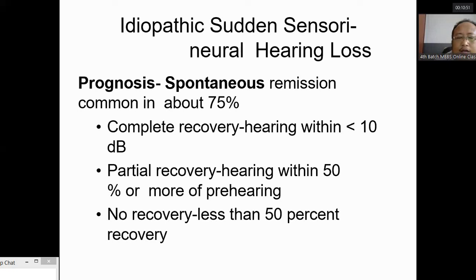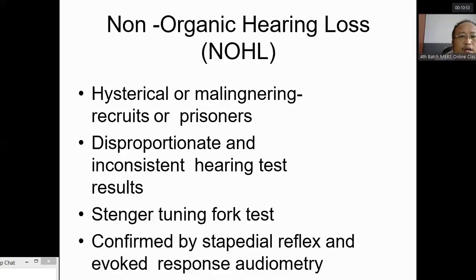And another cause of sensory hearing loss is non-organic hearing loss. Non-organic means the known causes or suspected causes of other organic causes are absent.